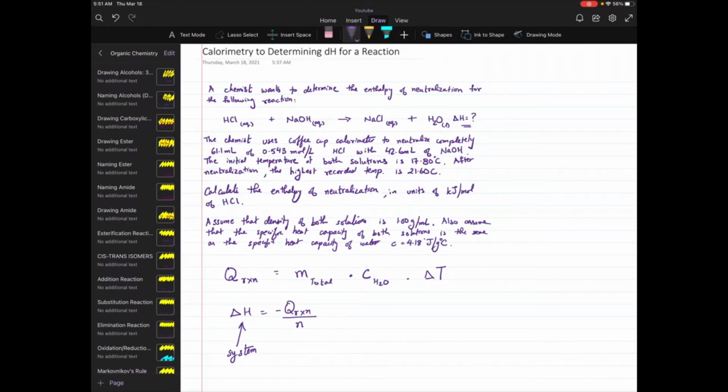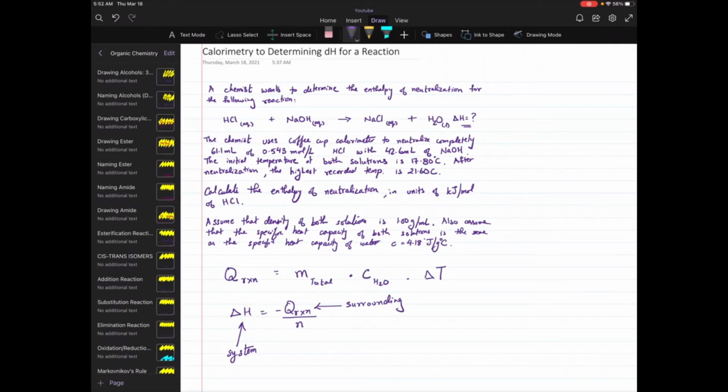Now, when we talk about the Q of the reaction, this is the surrounding. And the temperature of the surrounding, or the energy of the surrounding, or the heat of the surrounding, is increasing. So the system is decreasing, the surrounding is increasing, and therefore they are opposites.